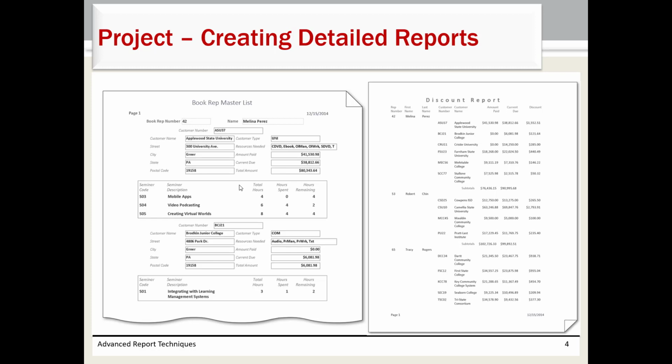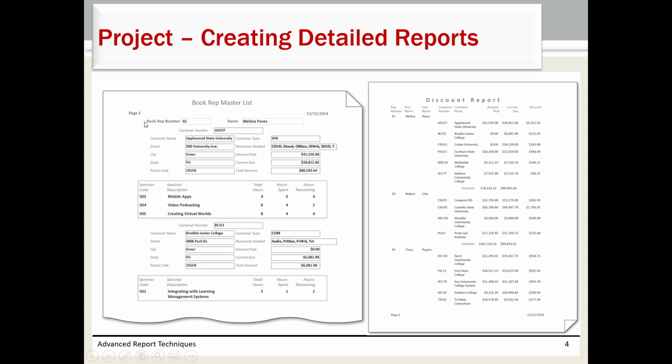That database holds two tables, one for the book representatives, or the booksellers, and one table for the customers. So we want to design two new tables and also run some queries to see which customers work with which group of book representative.